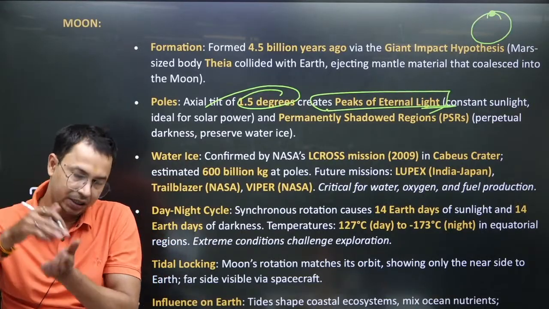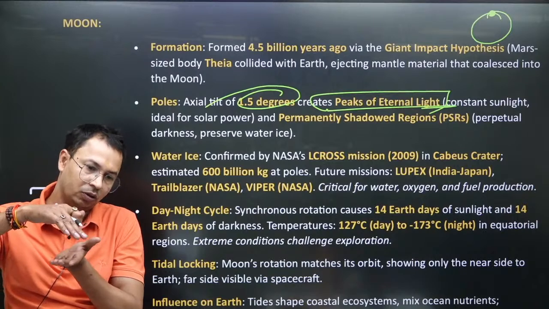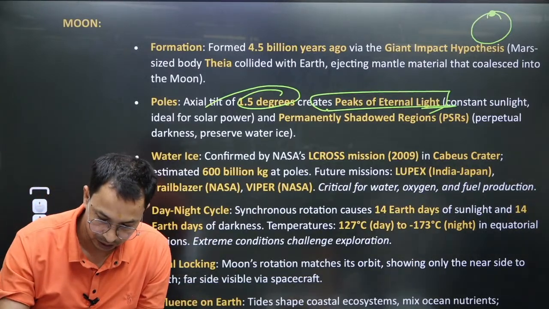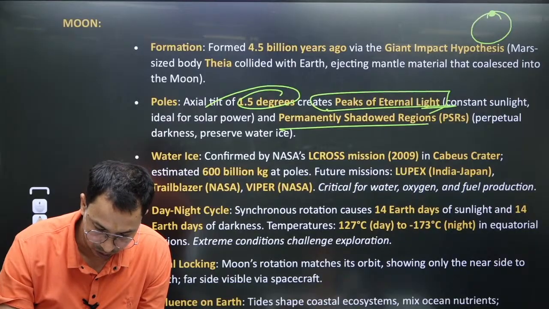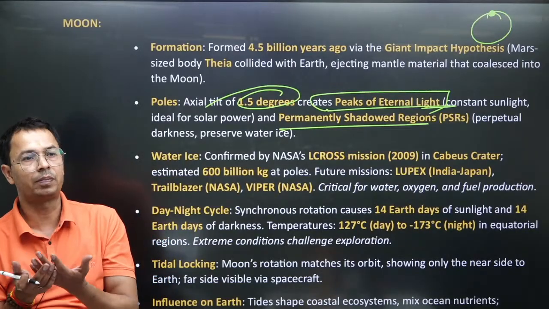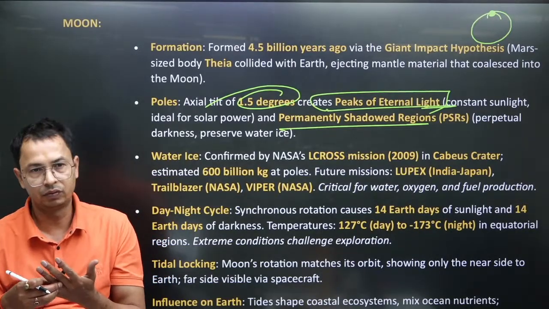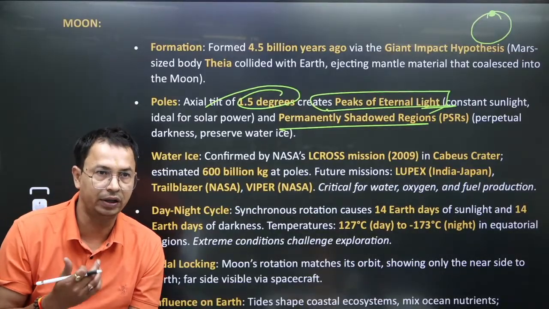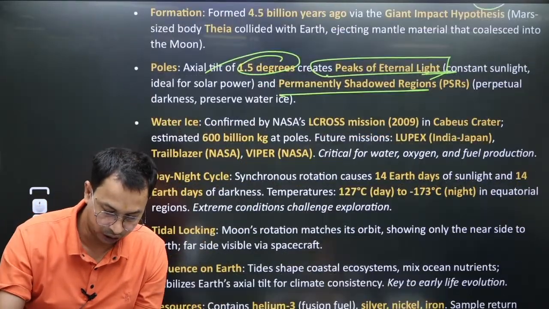And just nearby these mountains, we have the biggest crater of the solar system, known as the Aitken Basin. And it is a permanently shadowed region of the moon. Over there we have water ice, 600 billion kilograms of water ice.